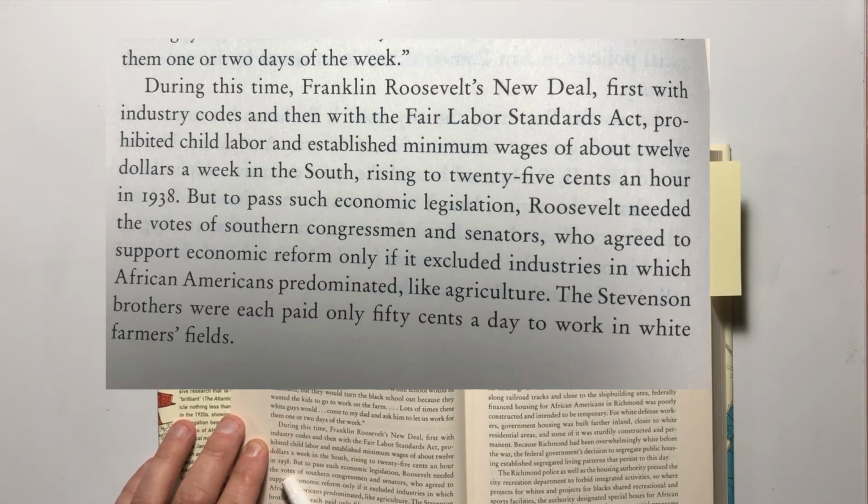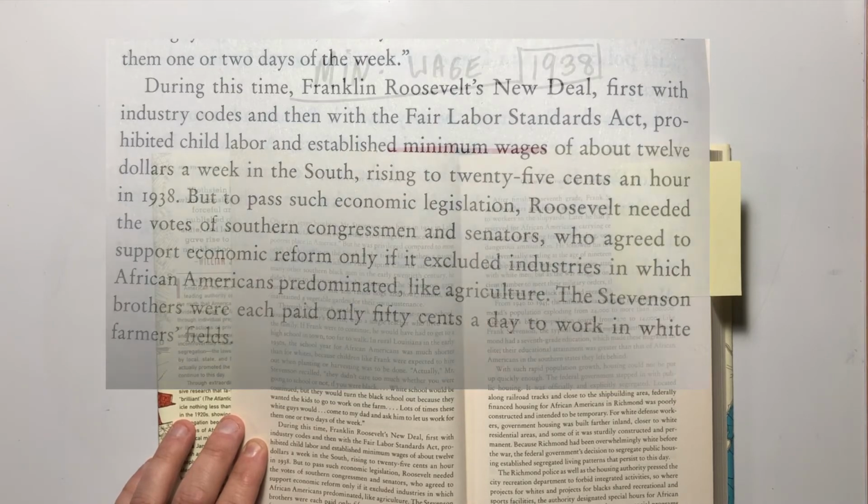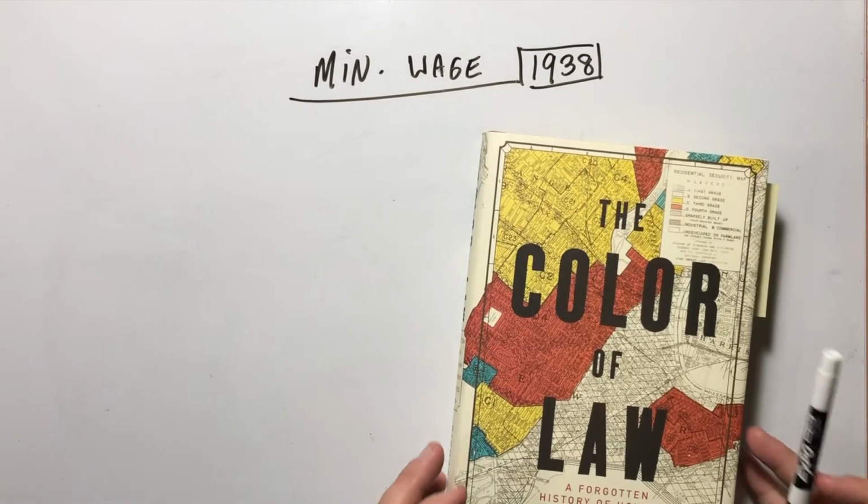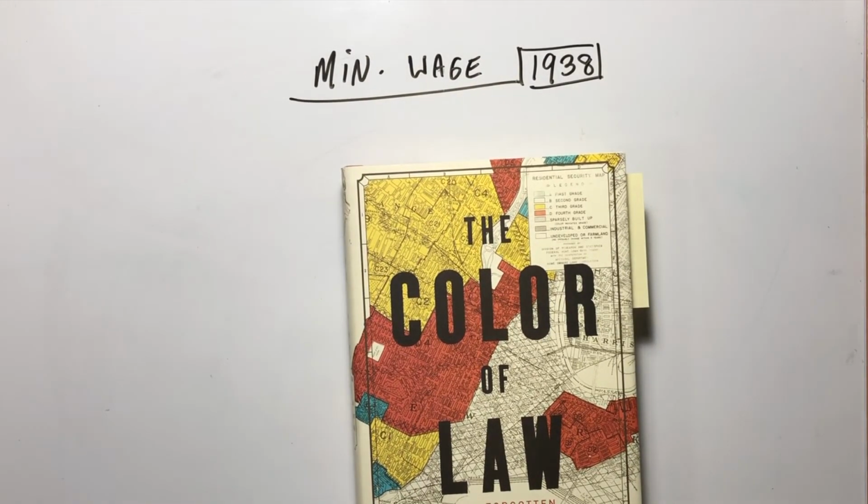But to pass such economic legislation, Roosevelt needed the votes of Southern congressmen and senators, who agreed to support economic reform only if it excluded industries in which African Americans predominated, like agriculture." So even though the federal minimum wage was passed and established a minimum wage, it was not a minimum wage for everyone.